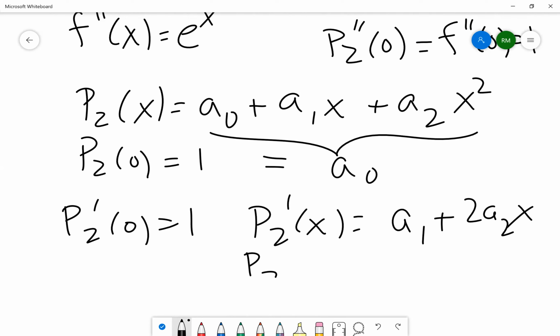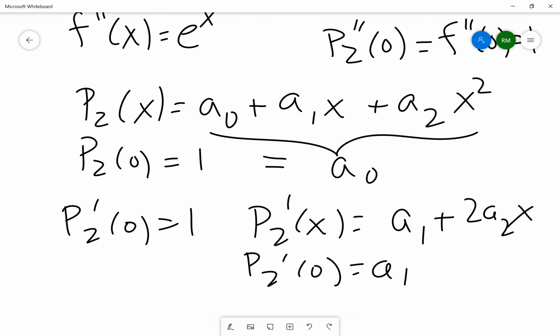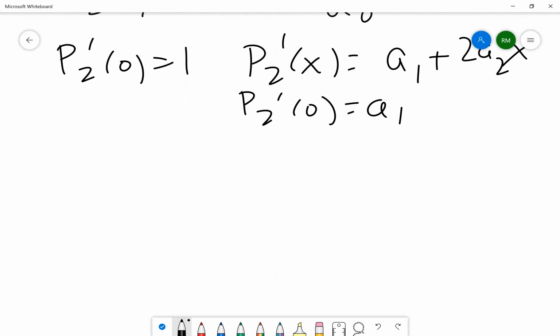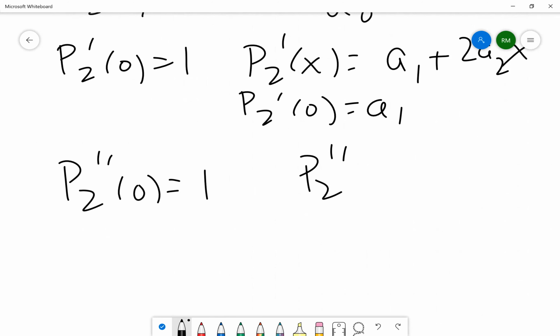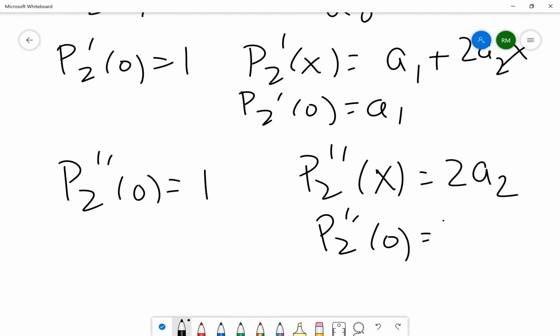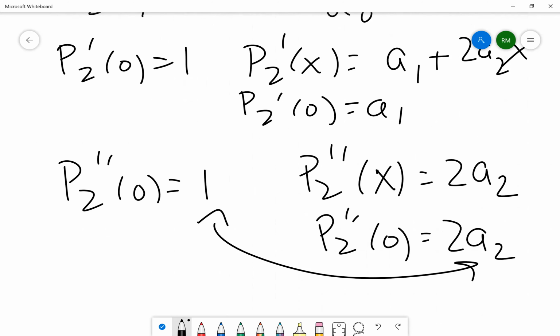So P2 prime of 0 is equal to A1. So A1 must be 1. Well, you might think you know what the pattern is, but let's see what P2 double prime of 0 is. That's still 1. And P2 double prime of x is 2A2, which tells us that P2 double prime of 0 is 2A2. And then these are equal, which tells us that A2 is 1/2.